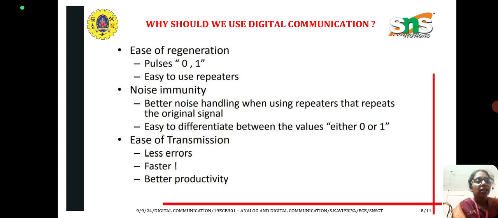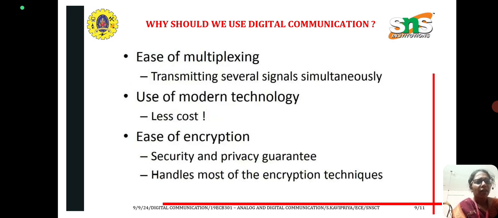It is easier to differentiate between 0 and 1, and it is very easy to transmit. There are fewer errors, it is faster, and gives better productivity. There is ease of multiplexing, so we can transmit several signals simultaneously, and it uses modern technology. Cost is also very low, and there is ease of encryption; security and privacy are guaranteed as digital communication handles more encryption techniques.